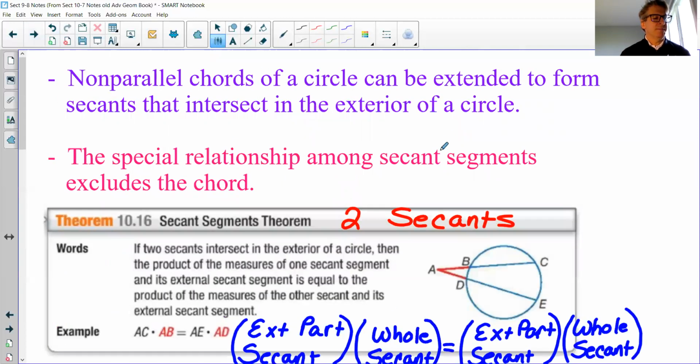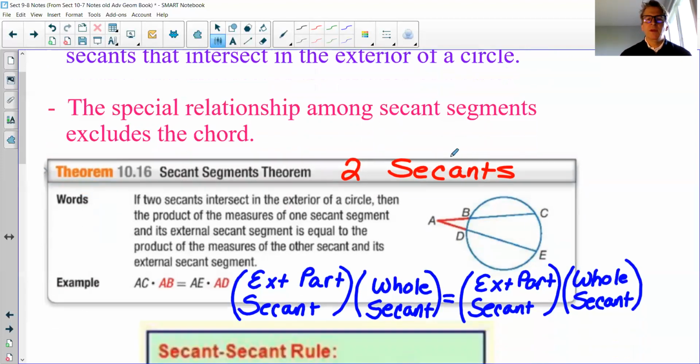All right, next theorem. Gets a little tougher here. Non-parallel chords of a circle can be extended to form secants that intersect in the exterior of a circle. The special relationship among secant segments excludes the chord. Okay, so we have two secants, and that brings us to theorem 10.16, the secant segments theorem.